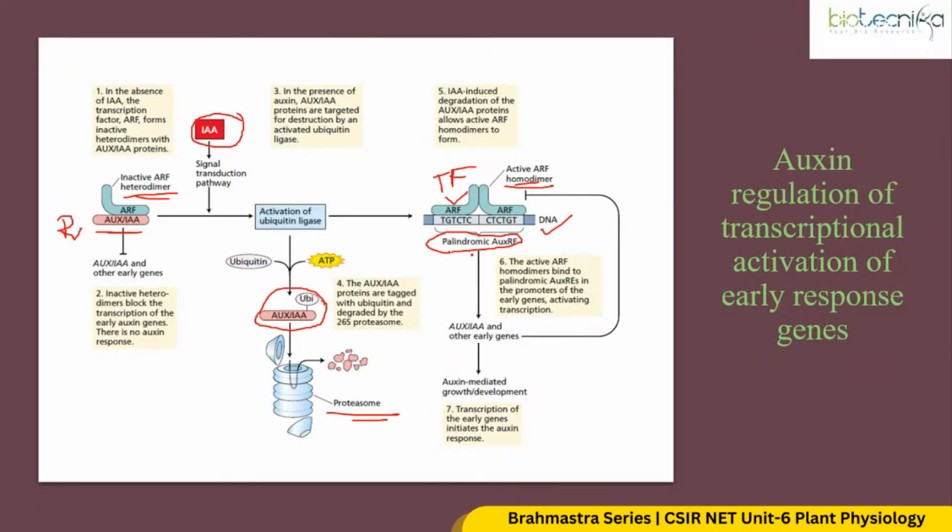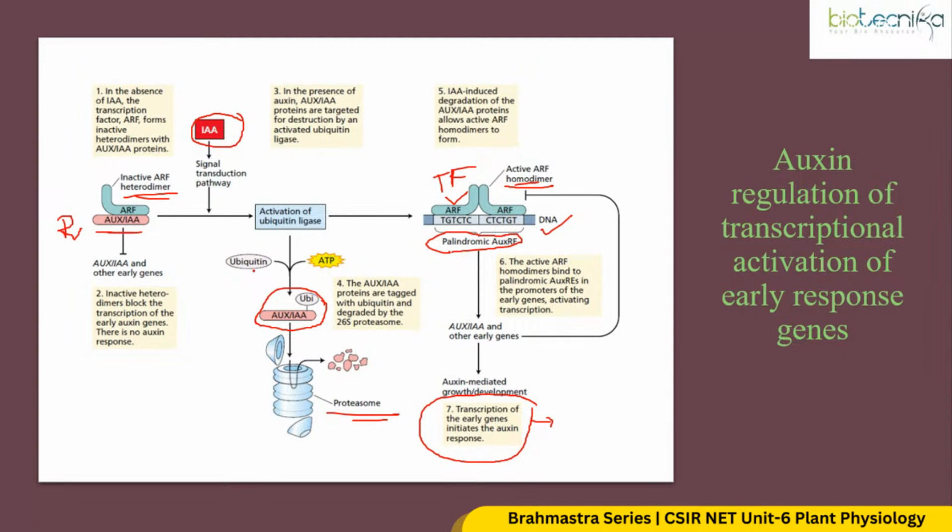So here also you have a palindromic auxin response element. Palindromic means they are mirror images of each other. After that, transcription begins, and whatever is necessary for the auxin response, those genes will be synthesized and the function will be accelerated.